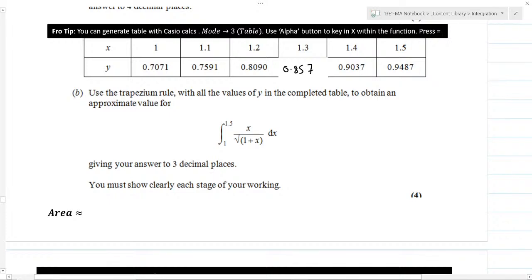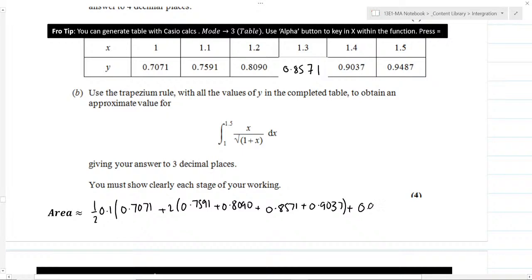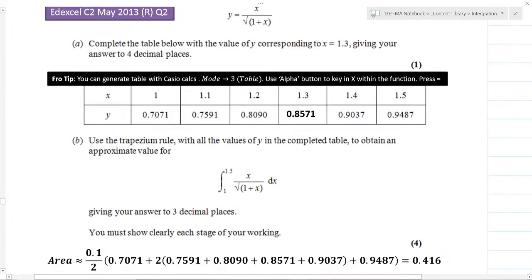0.85771. Okay, so it's equal to a half of 0.1 times 0.7071 plus 2 times 0.7591 plus 0.8090 plus 0.8571 plus 0.9037 plus 0.9487, and that's equal to this part down here.